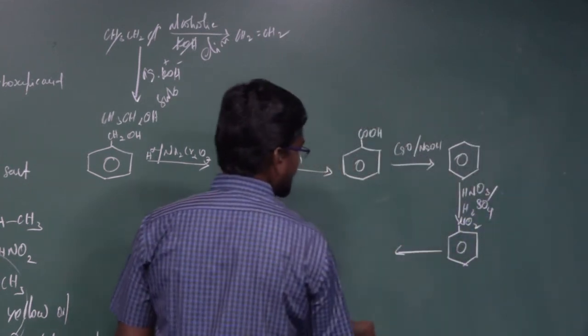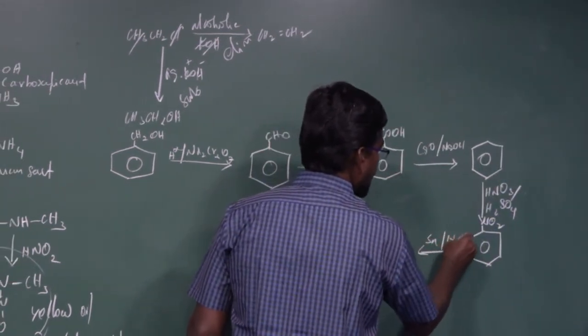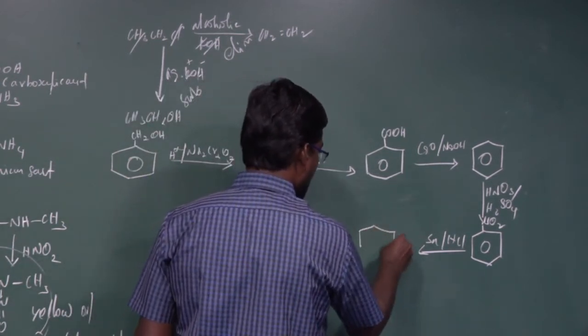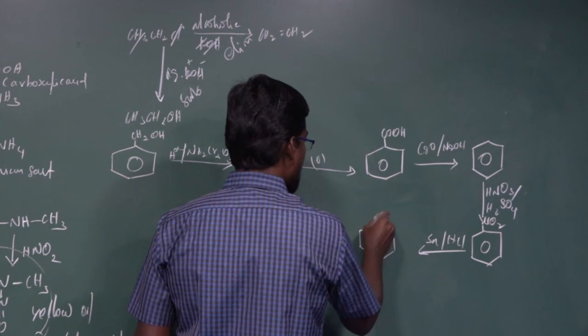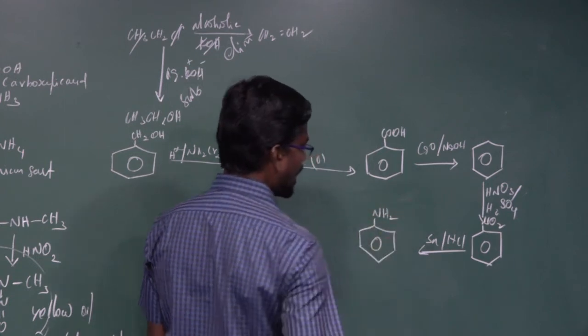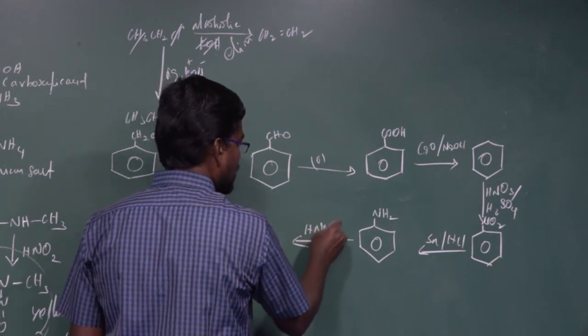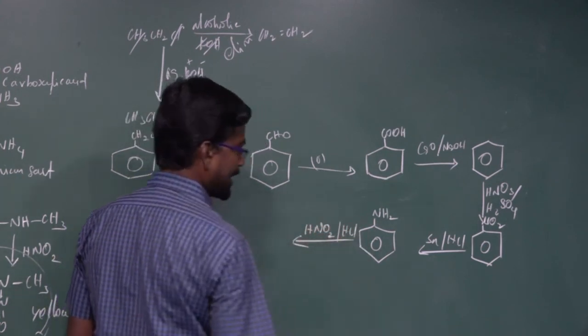Nitrobenzene is reduced with tin and HCl to form aniline, NH2.